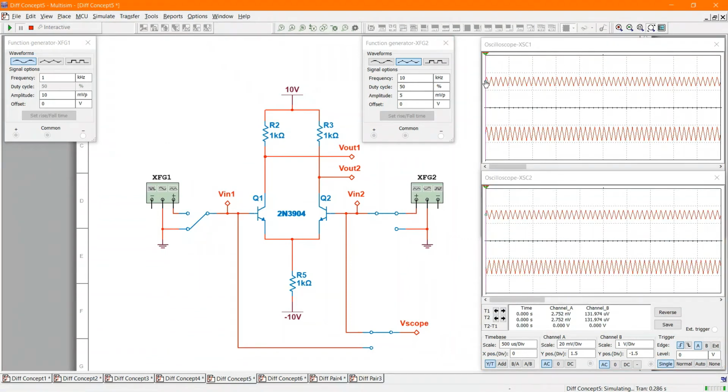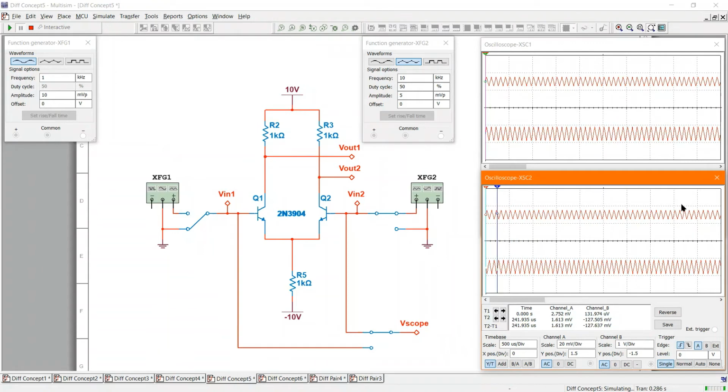So here we are, we have the triangle wave coming in to both of them. That's the signal in. That goes to the base of Q2. And what we can see is off of the collector. So no, sorry, this is the scope down here. So this is the input signal going to the base of Q2 and off of the collector of Q2.